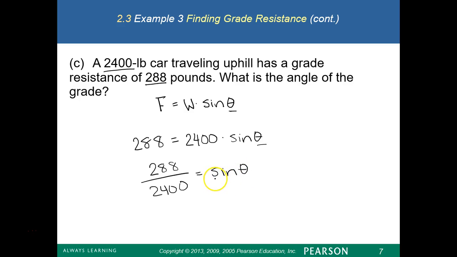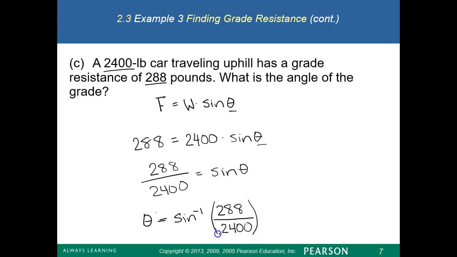And to get theta out of that sine, we must take the inverse sine of both sides. So we're going to say theta is equal to sine inverse of, we could reduce that fraction, but it doesn't really matter. We could plug it into our calculator all the same and get the same solution.